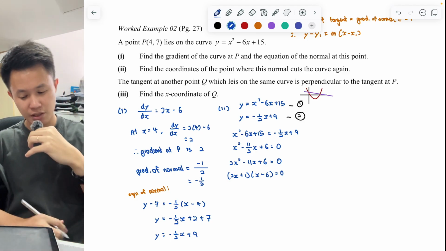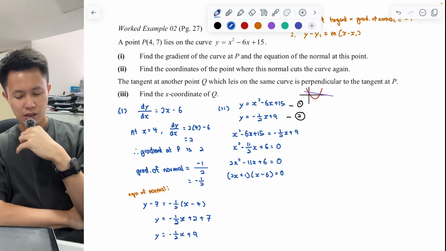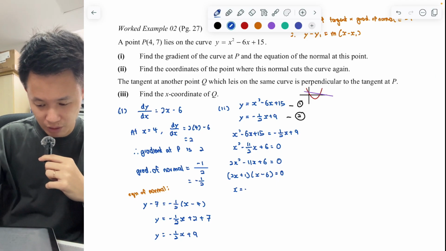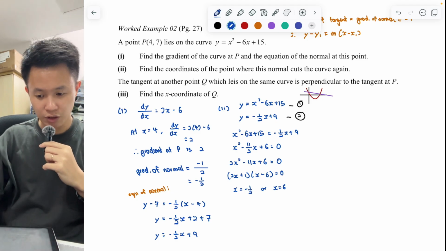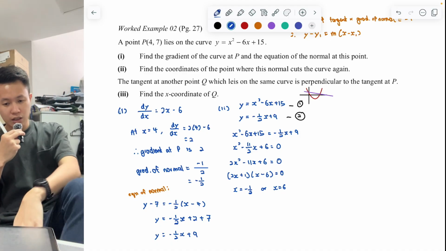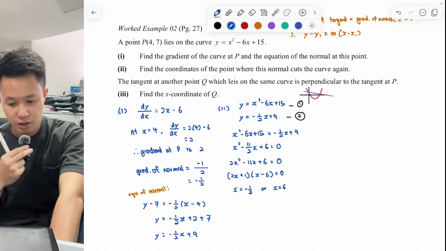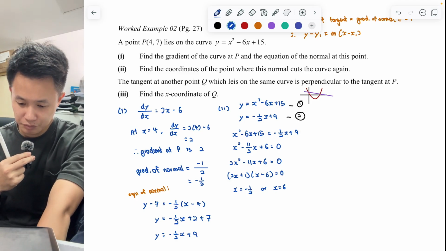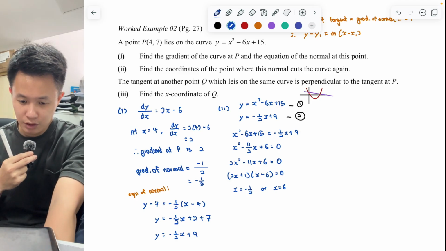Let me think. Yeah, correct. So we have two answers: x equals -1/2 or x equals 6. So the other coordinates would be... oh, I think I made some mistake. Give me a while.